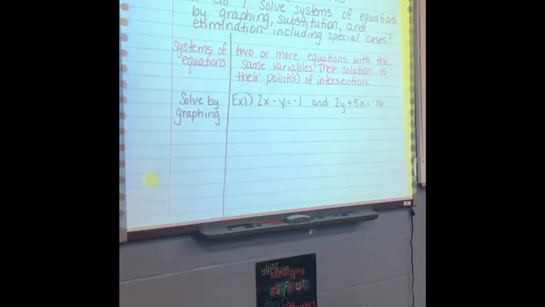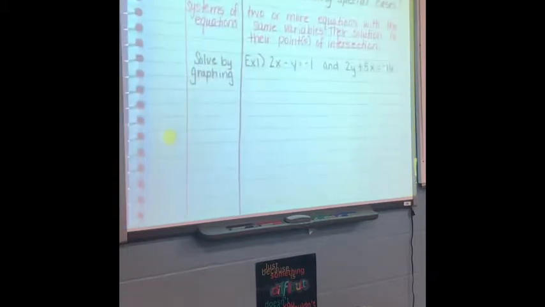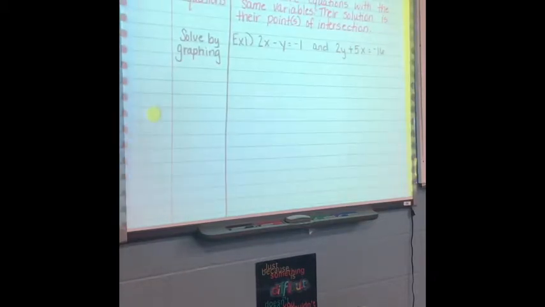So when we're looking at graphing, the first thing that we need to do, let me say this, this whole chapter, solving systems of equations, is basically a whole bunch of different methods to get to the same point. Is everybody with me? So like on quizzes and homework and stuff, it may say solve by graphing, solve by substitution, solve by elimination.